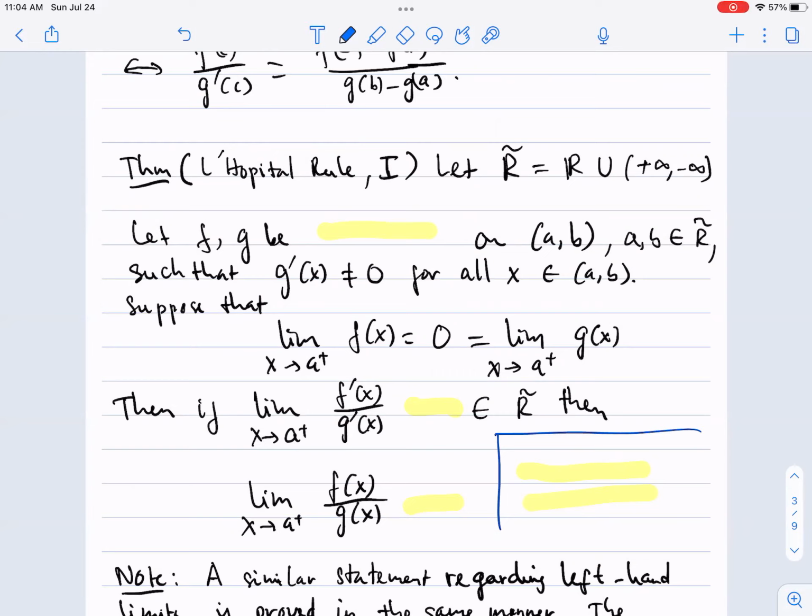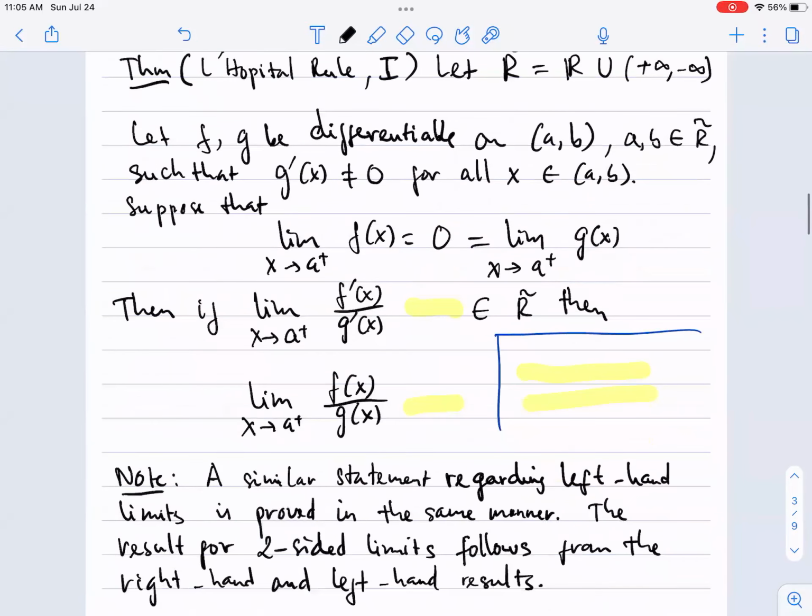Let f and g be differentiable on the open interval from a to b, for a, b inside this extended set, such that g prime of x is different from 0 for all x inside the interval.